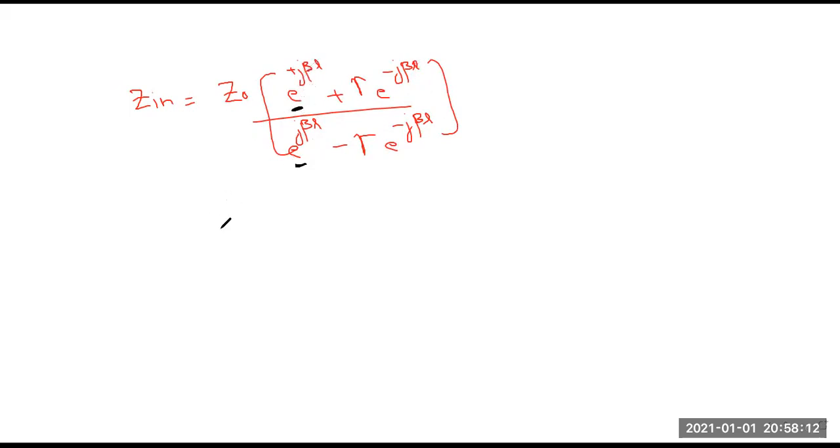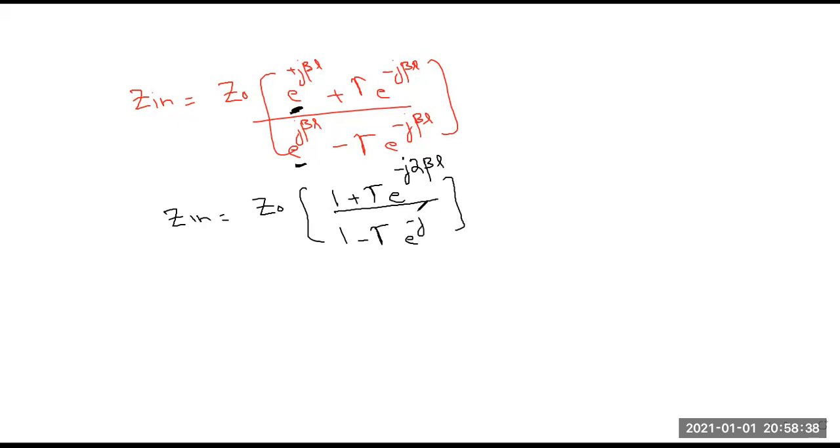So what you will get is Z in will be equal to Z naught, and what will be left inside the bracket? You will get 1 over here because we have taken this as common, plus reflection coefficient, and this will become e power minus j 2 beta. And similarly in the denominator, we get 1 minus reflection coefficient e power minus j 2 beta.